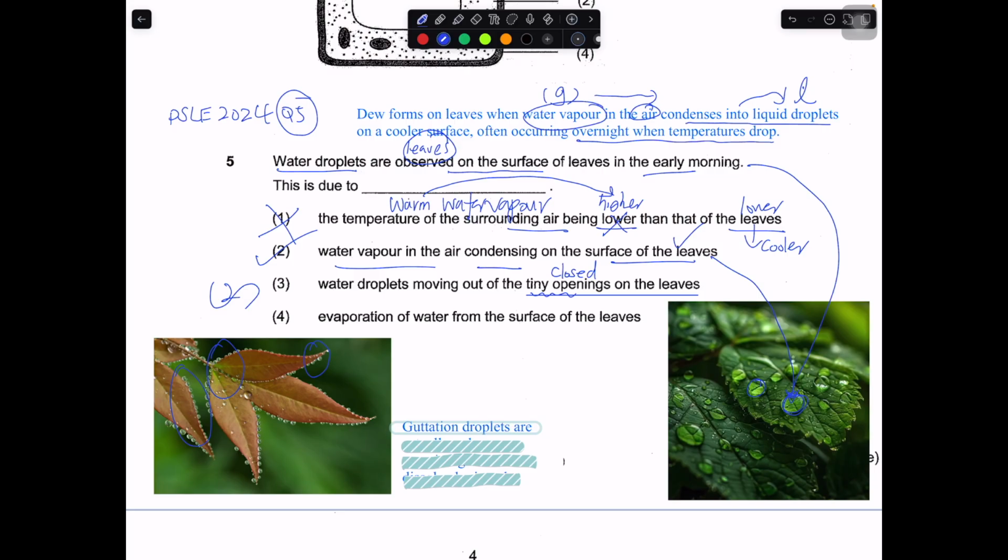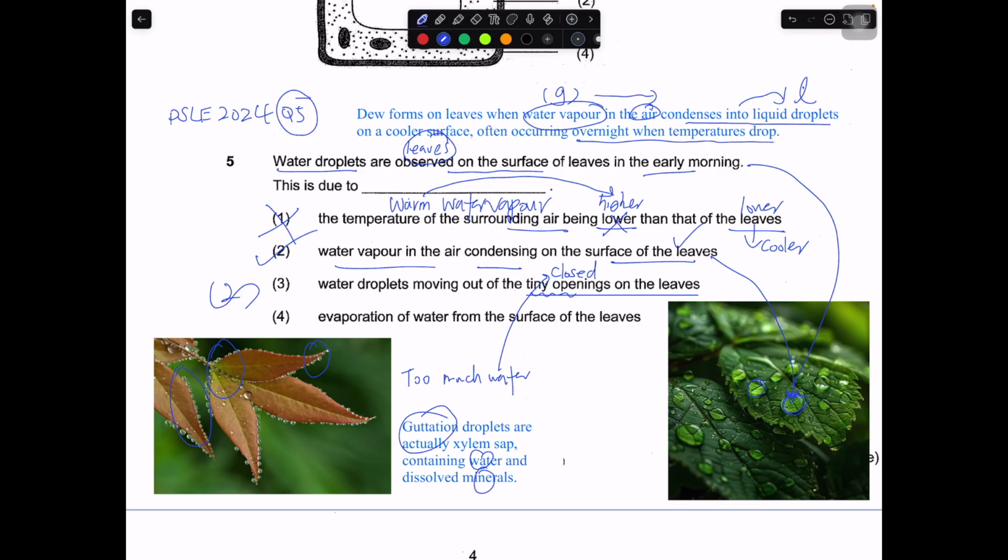They are called guttation droplets, and they are a mixture of water and mineral salts. In this case, the plant has too much water, but during nighttime the stomata are closed, so it cannot lose water. So it loses water through the edge of the leaf, through this process called guttation.